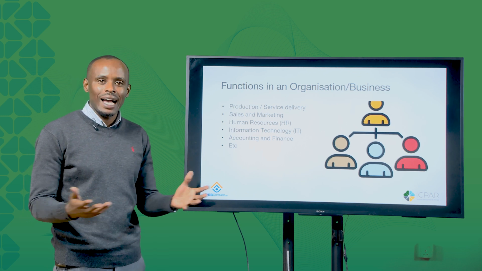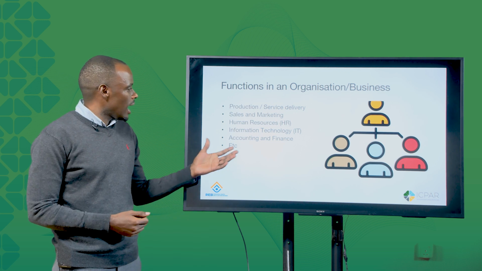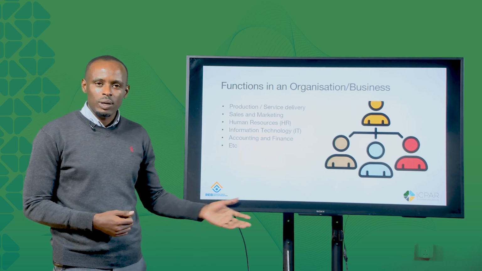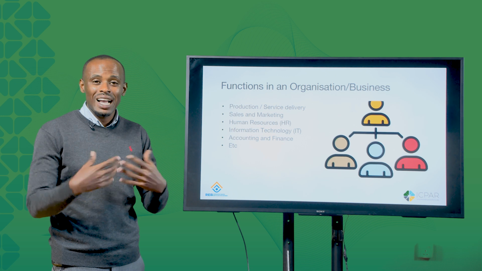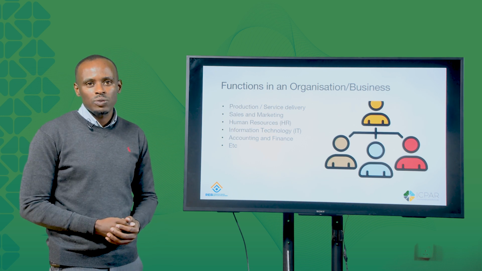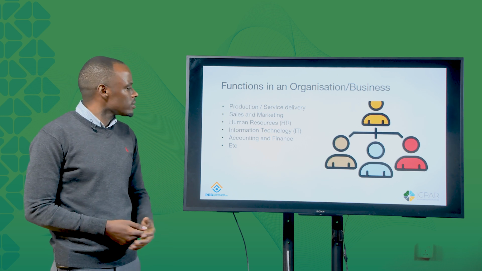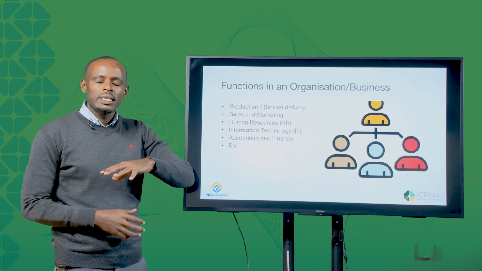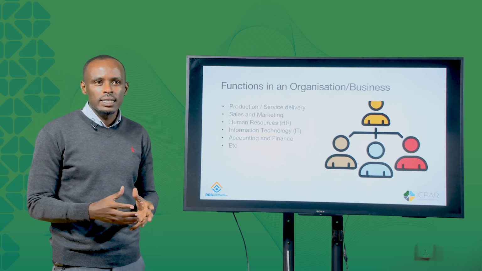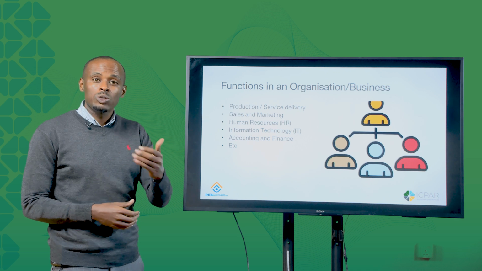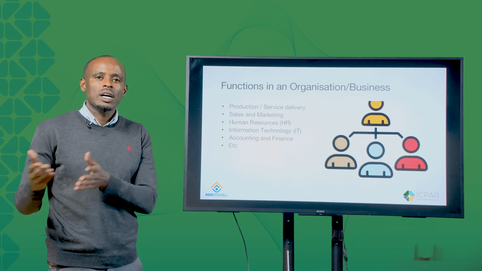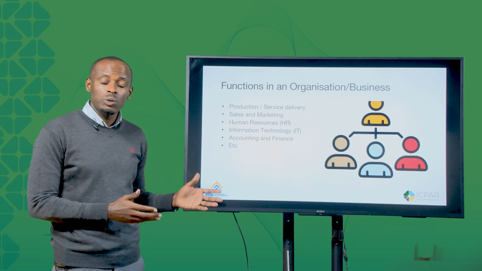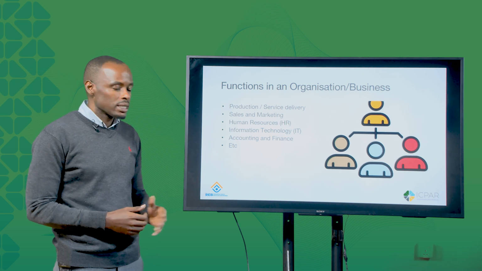Information technology, IT. Accounting and finance, which is what we're talking about today. These are people charged with ensuring that the finances of the company are effectively managed. There are also other types of roles. In a company, different roles can be played, and what you need to understand in this course is who does what in a company. But for today, we only focus on the accounting and finance role.